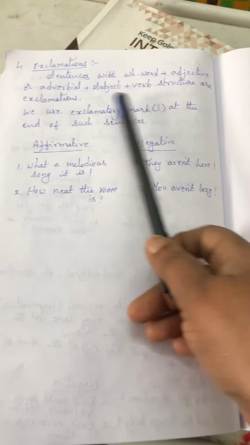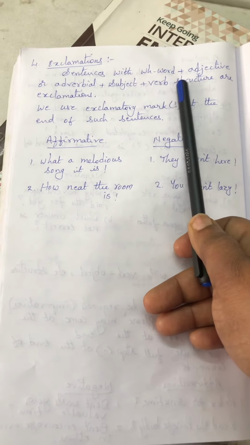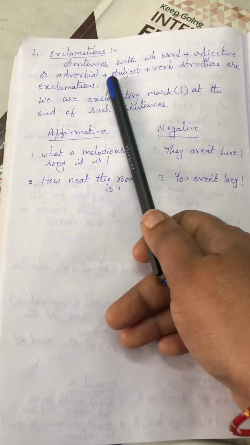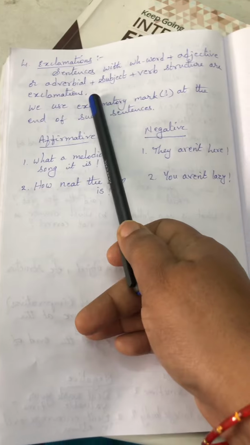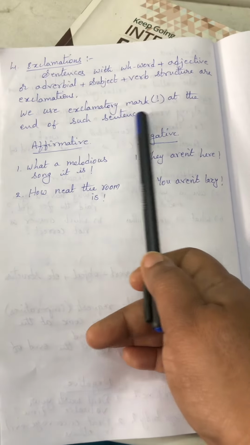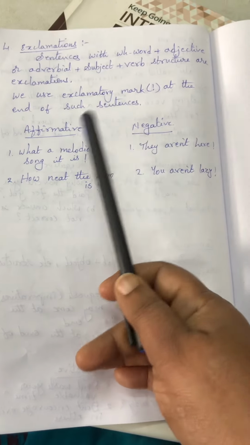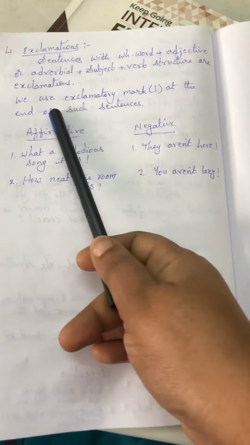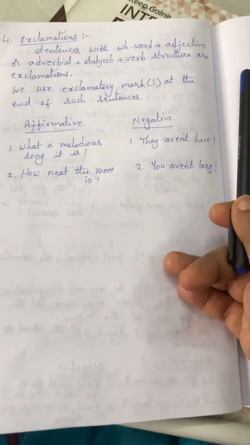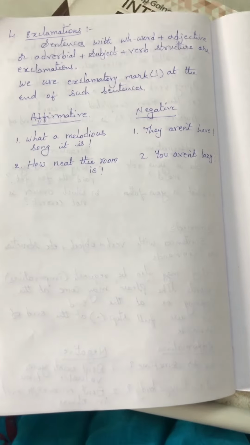Now we'll come to the exclamatory sentences, exclamations. Sentences with the WH word plus adjective or adverb plus subject plus verb structure are called exclamations. We use an exclamation mark at the end of the sentences. When we express our feelings, we use either adjective or adverb plus subject plus verb to express our feelings.